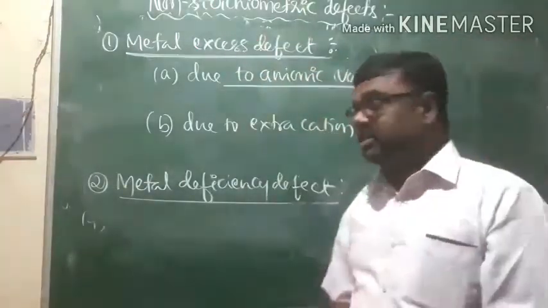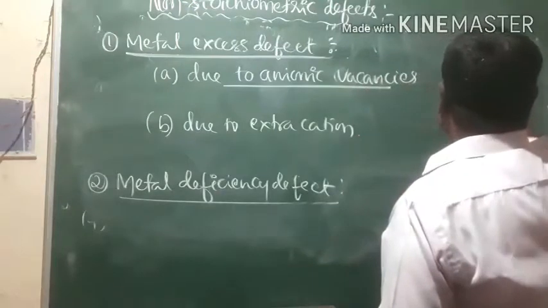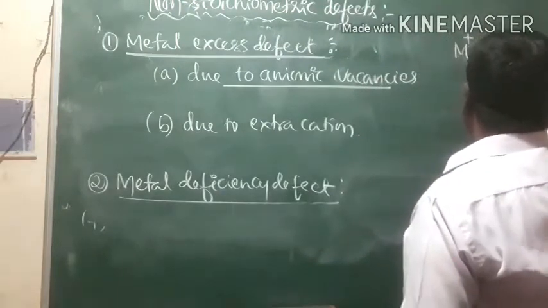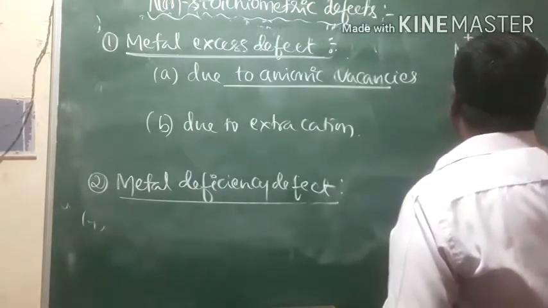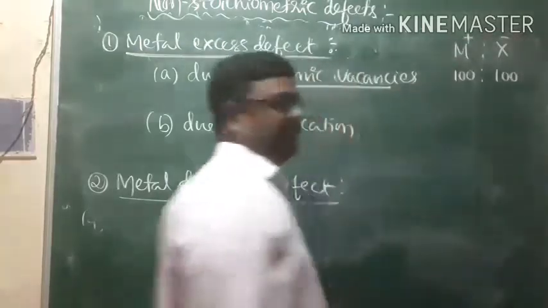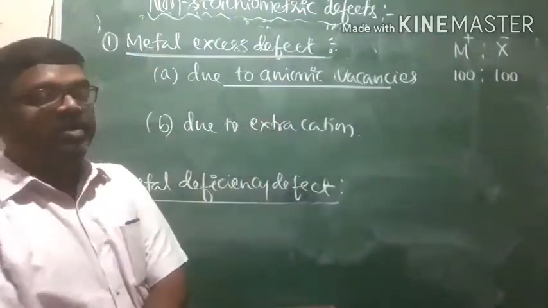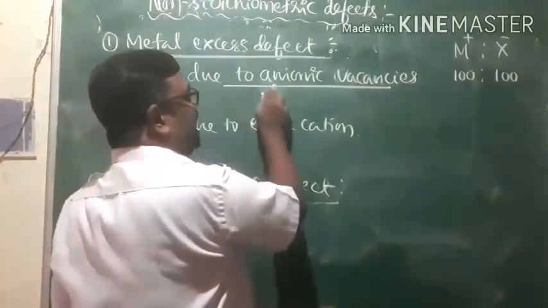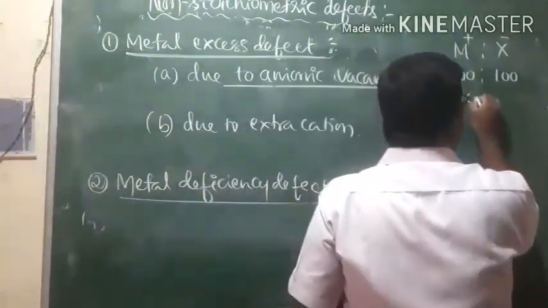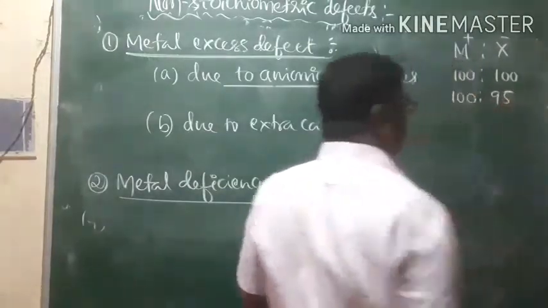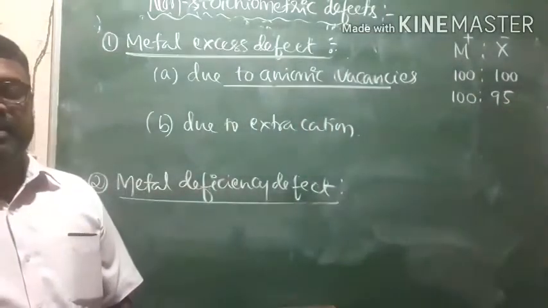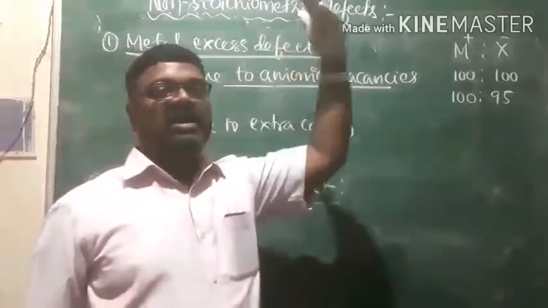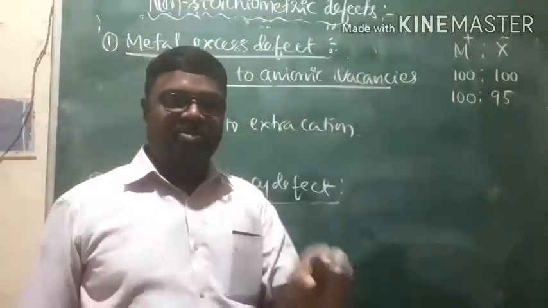Metal ions are cations. Say for example, in this particular ionic crystal, M plus and X minus, there are 100 cations and 100 anions. Now the ratio of the ions will be 1:1. Now what I will do here: due to anionic vacancies, the number of anions becomes 95, because 5 anions are now missing from the lattice due to certain conditions.